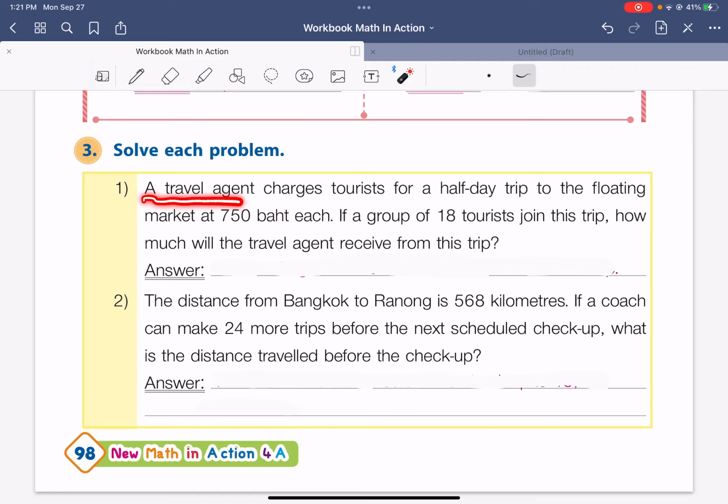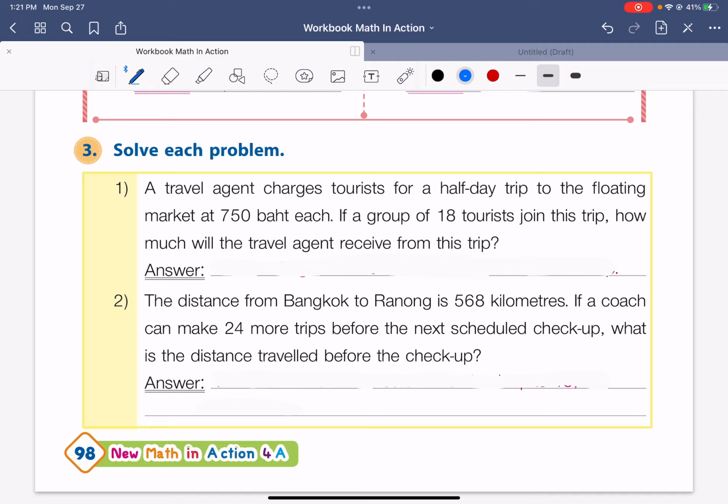A travel agent charges tourists for a half-day trip to the floating market at 750 baht each. If a group of 18 tourists join this trip, how much will the travel agent receive from this trip? Right? So there's 2 important numbers.